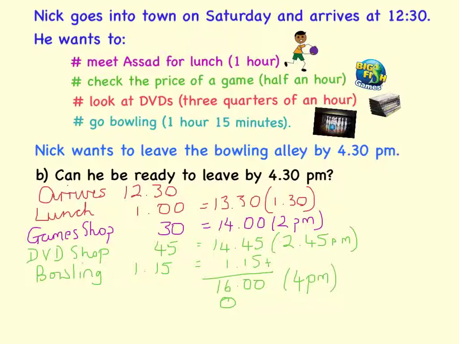So can he be ready to leave by 4:30 p.m? He certainly can. He can leave by 4 p.m. So our answer is yes, he can leave by 4 p.m. And that's how we work that one out.